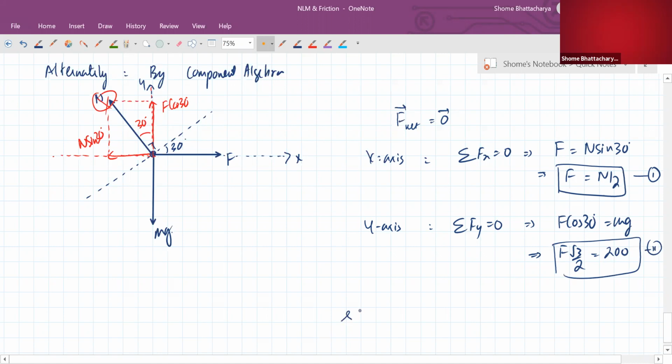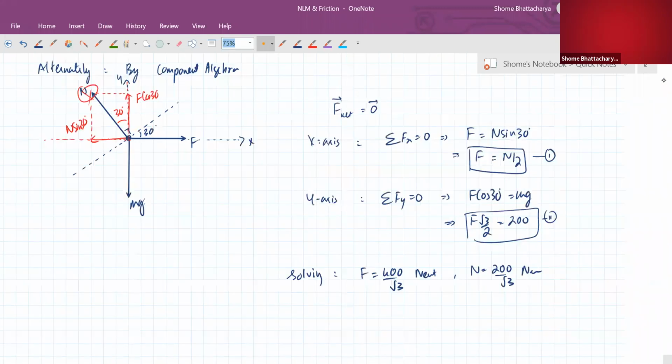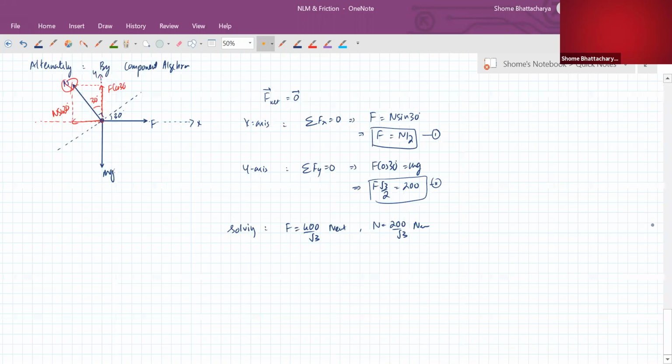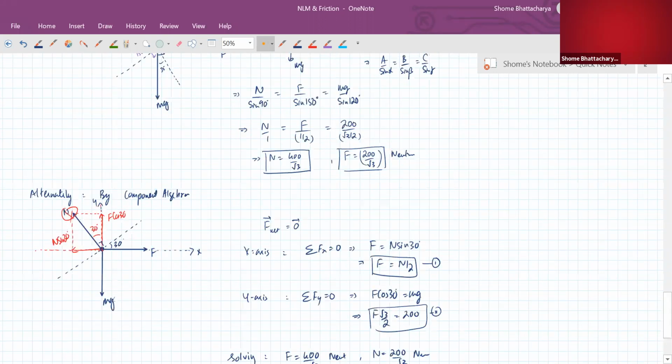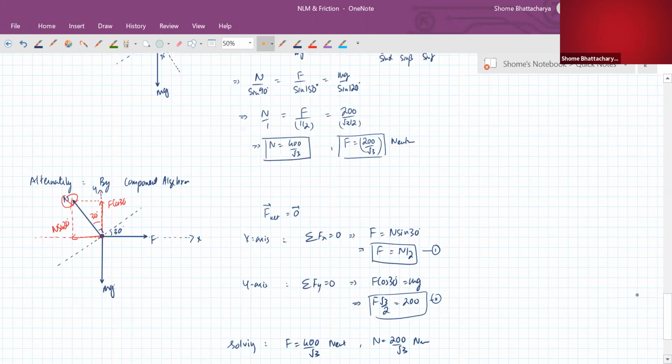And now solving these equations, you will get the results, which are the same as we had got earlier. So without any fuss, you can get it by component method also. Sorry, bit of a correction here.